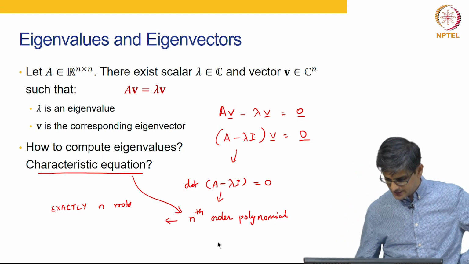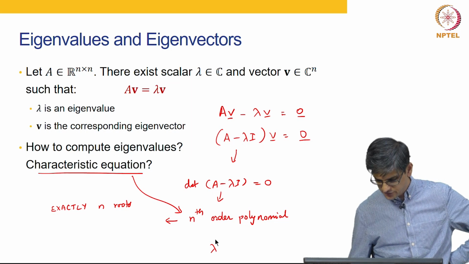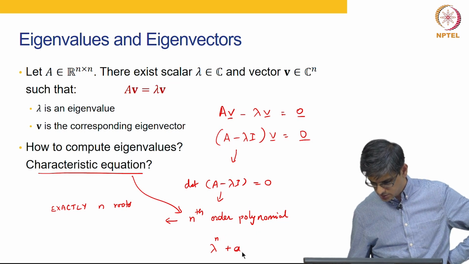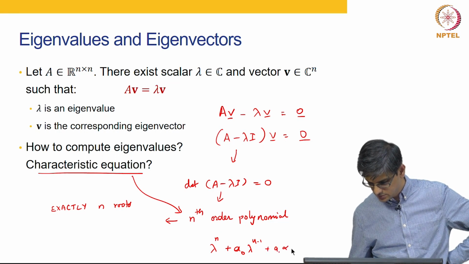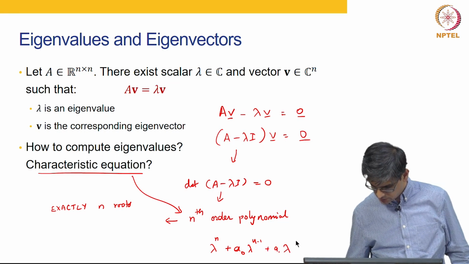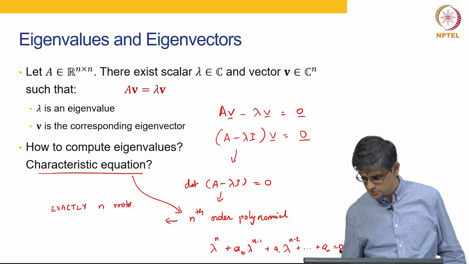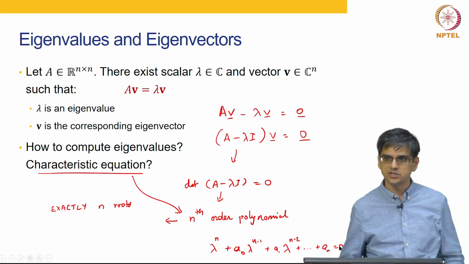So, the characteristic equation will be of the form lambda to the n plus a0 lambda to the n minus 1 plus a1 lambda to the power n minus 2, and so on up to an equal to 0. That is called the characteristic equation.